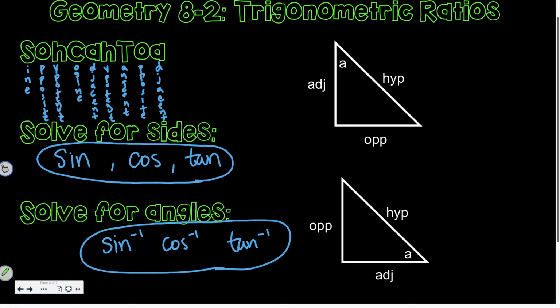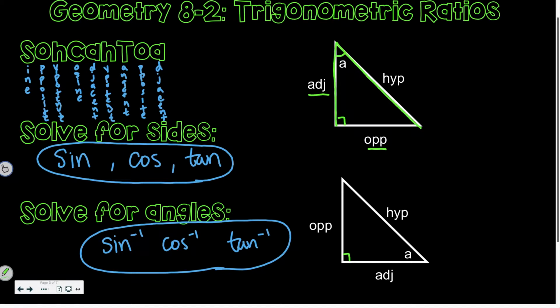Those are 2 mistakes that I see people make. Make sure you only use inverse to solve for angles and only use the regulars for sides. The second biggest mistake I see with SohCahToa is not properly labeling the sides. If I'm looking at this angle, this is my adjacent, this is my opposite. Remember, adjacent helps form the angle.